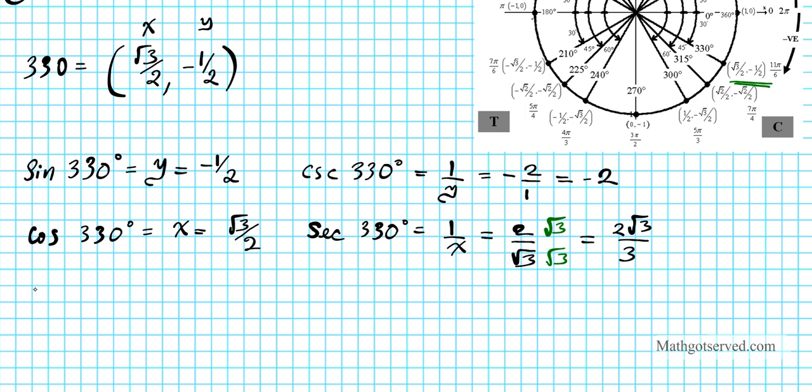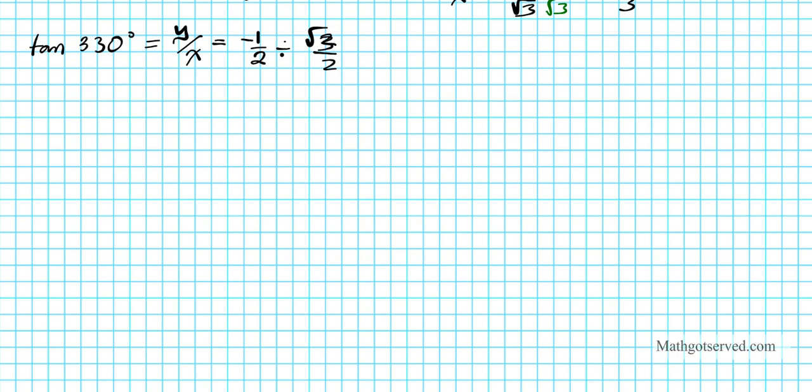Next thing we need to find is tan. Tan of 330 is y/x. Since y and x are fractions, I'll write the division of the two fractions horizontally. So y divided by x. Now, when I'm dividing fractions, I'll multiply the first by the reciprocal of the second.